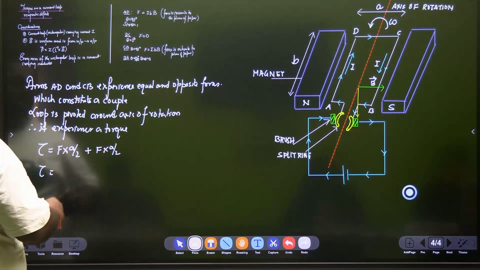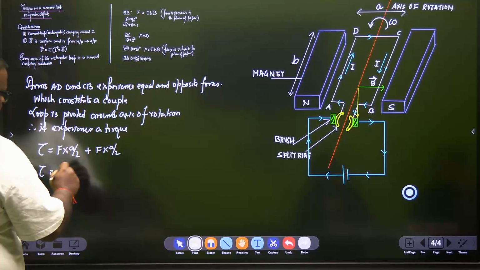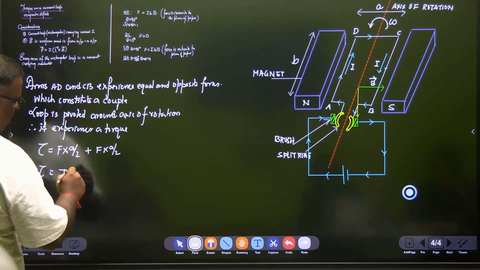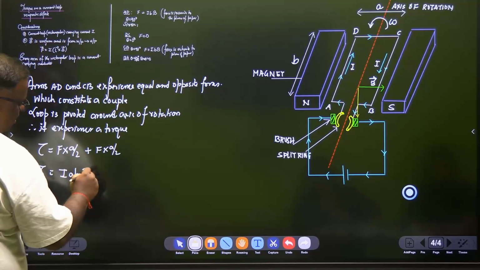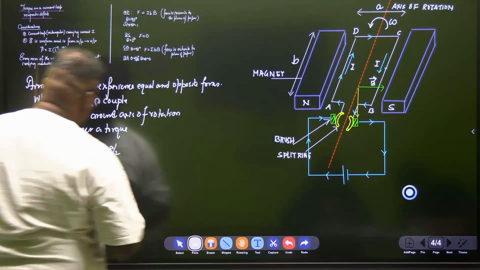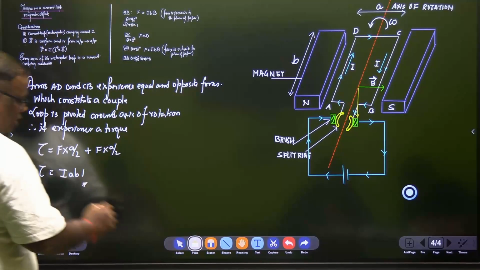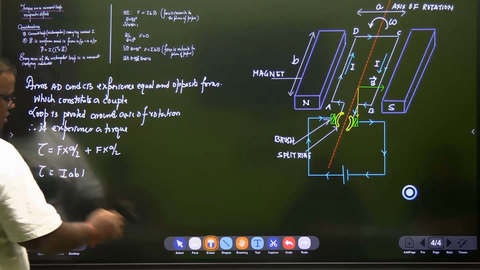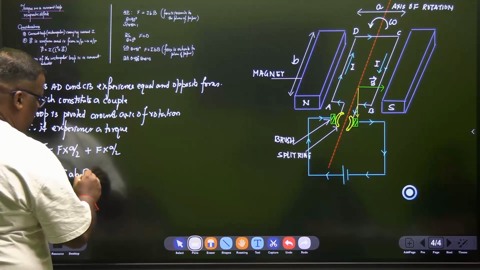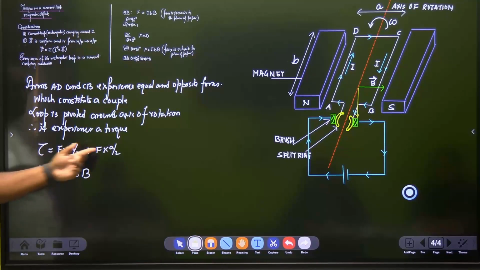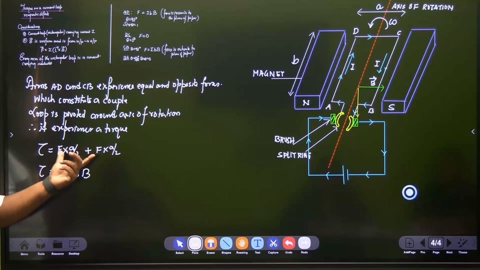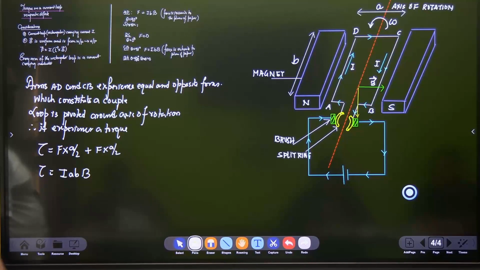What is F? F value is IBb. So it becomes IABb. Take F common. F is IBb. So IABb.